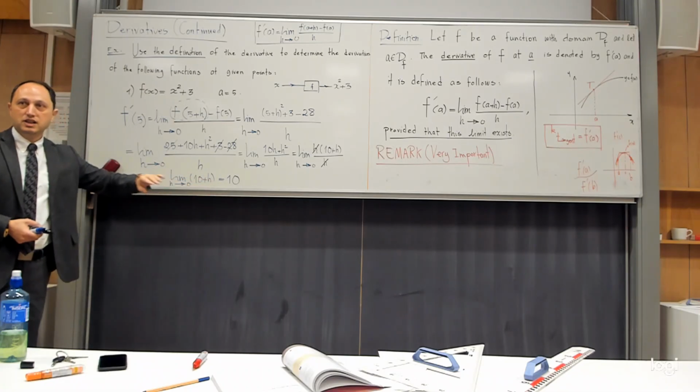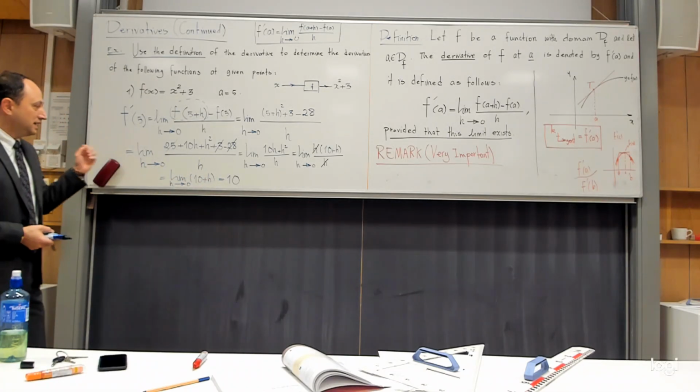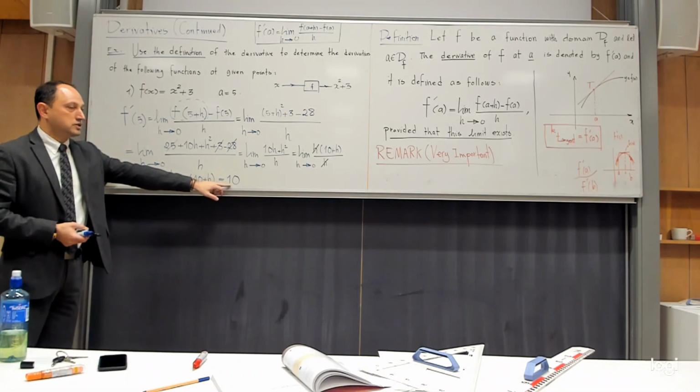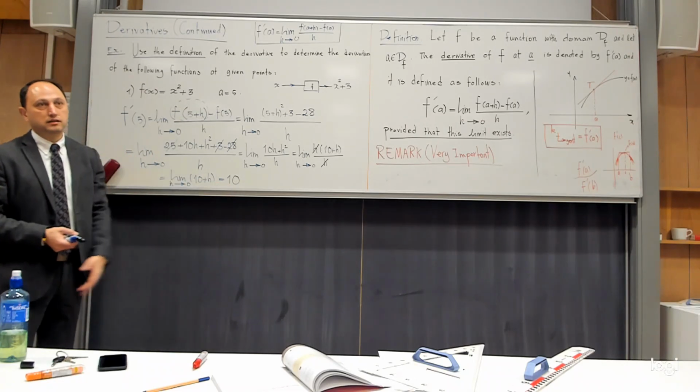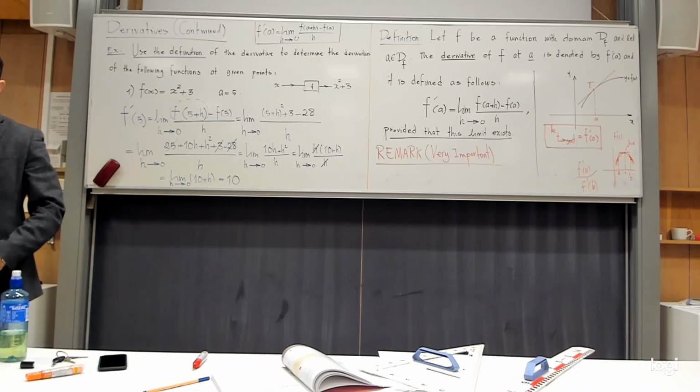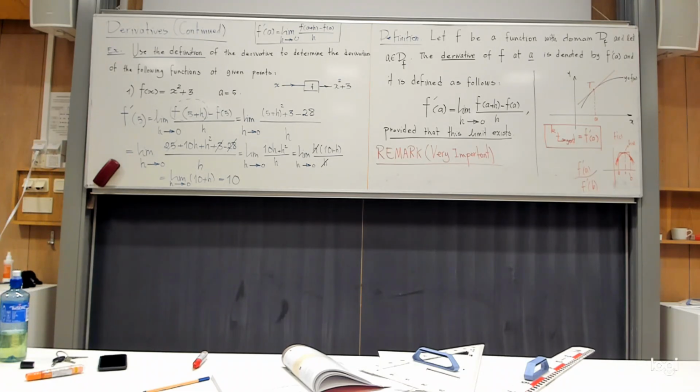Yes? And if someone asks you, what is the geometrical meaning of this number? If I want to have a sense of what I have calculated, what do you say in answer? Yes, Ali? The slope of the tangent. No, please completely, you are right, that's correct, but I want you to tell me exactly what to do.